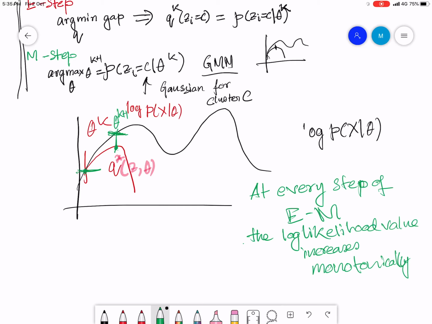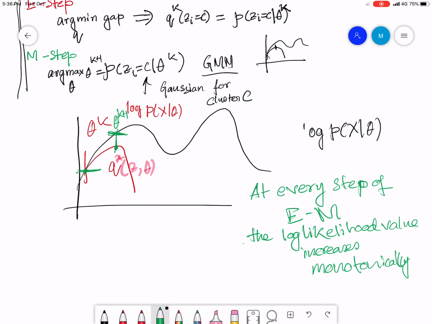You have to take the derivative of that with respect to mu, sigma and pi, and set that equal to 0. If you do that and get the expressions for mu k plus 1, sigma k plus 1, pi k plus 1, you will see they are exactly the same as the expressions we derived earlier from our considerations. So I request you to do that.